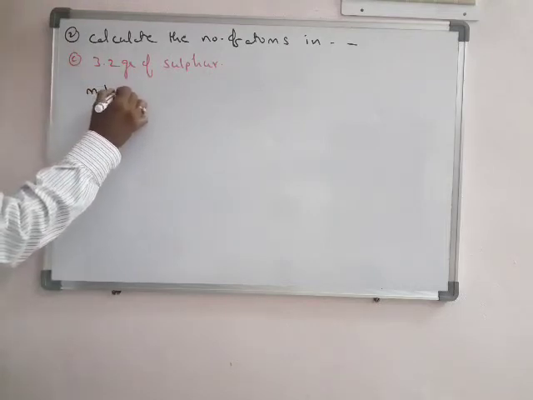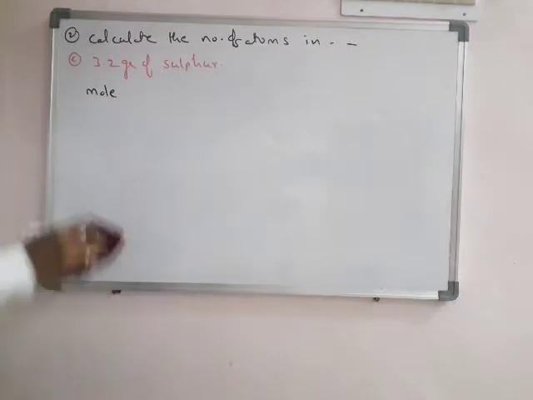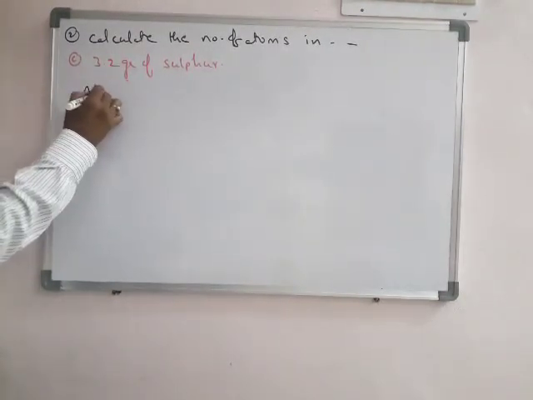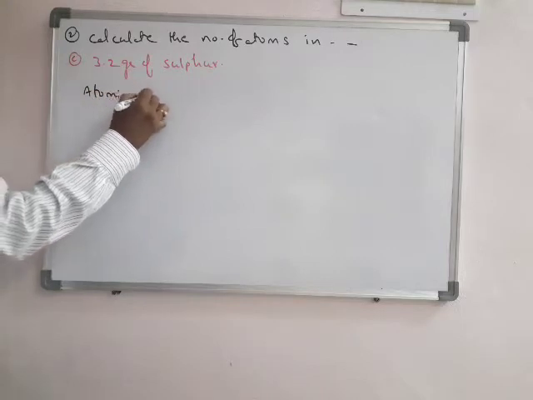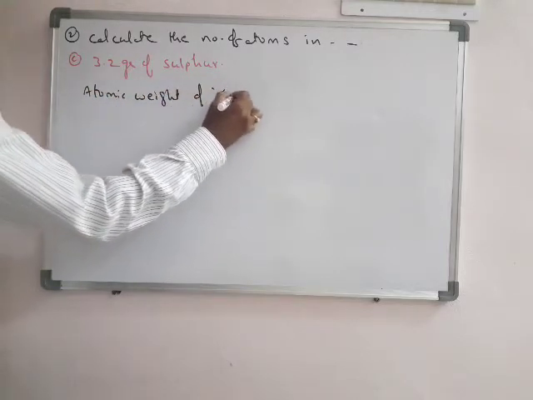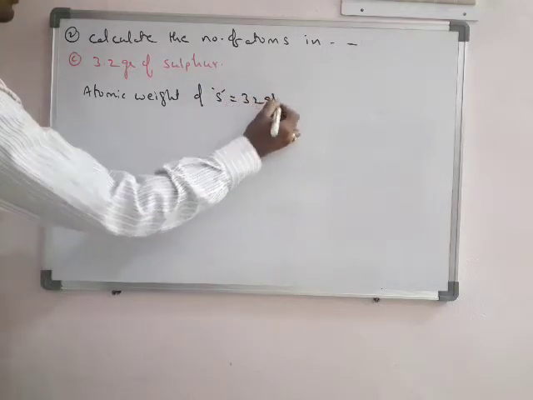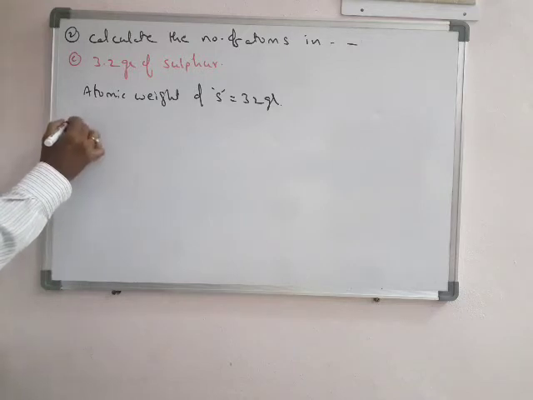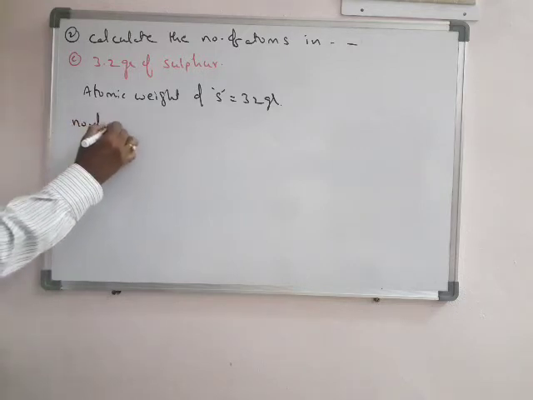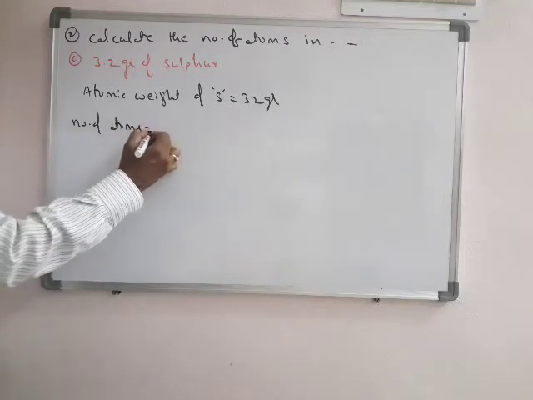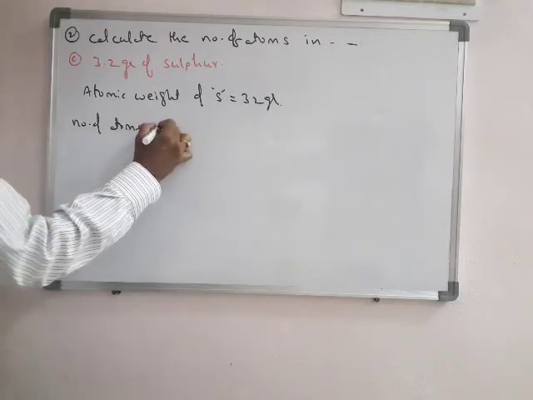We know the atomic weight of sulfur is 32 grams. We know the number of atoms formula. It converts into moles.